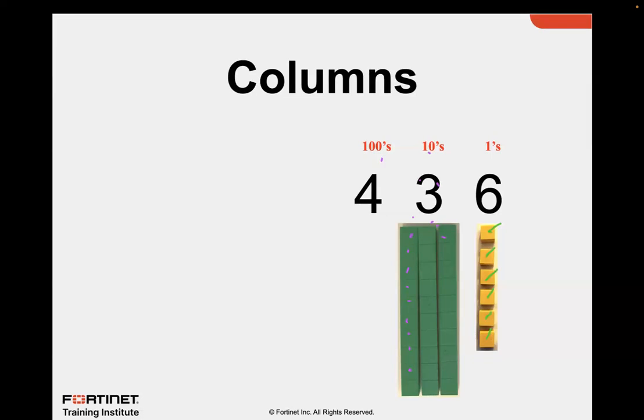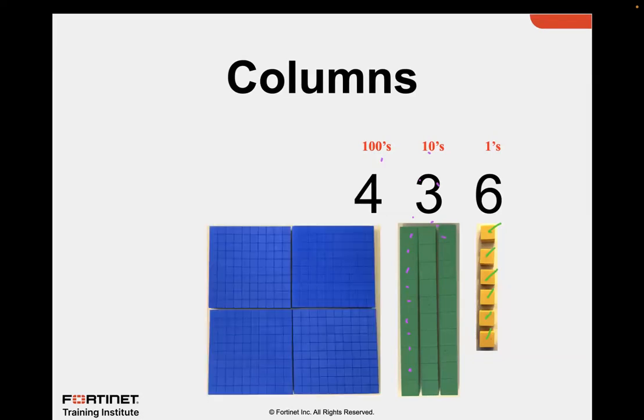Now, in the hundreds column, these are 10 by 10, which is 100. Each of these squares is 100 of these blocks. So we've got 1, 2, 3, 4 of these hundreds. So really, when we say 436, we're saying we've got 4 hundreds, 3 tens, 6 ones.